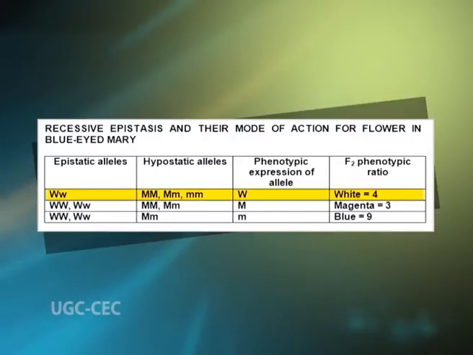In the first row, the epistatic alleles are capital W small w, and the hypostatic alleles are capital M, capital M, capital M small m, small m, small m. In this case, the phenotypic expression of the allele is small w, and the F2 phenotypic ratio is white, and there are 4 progenies.